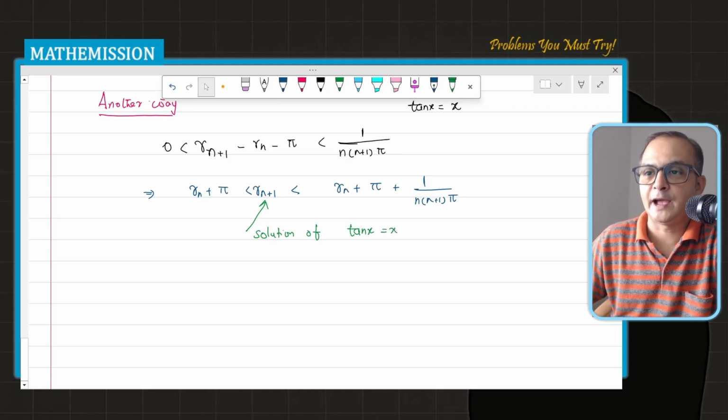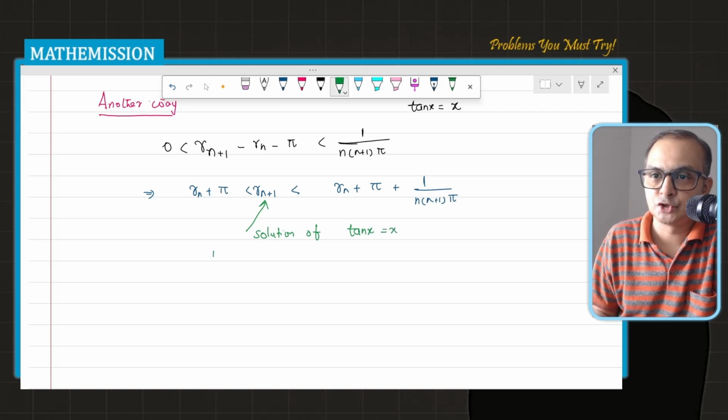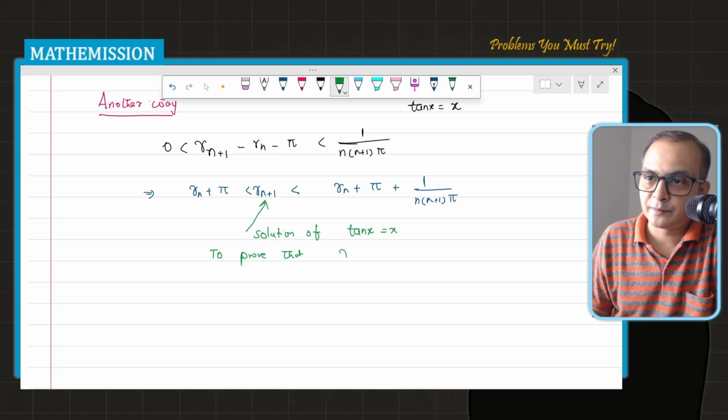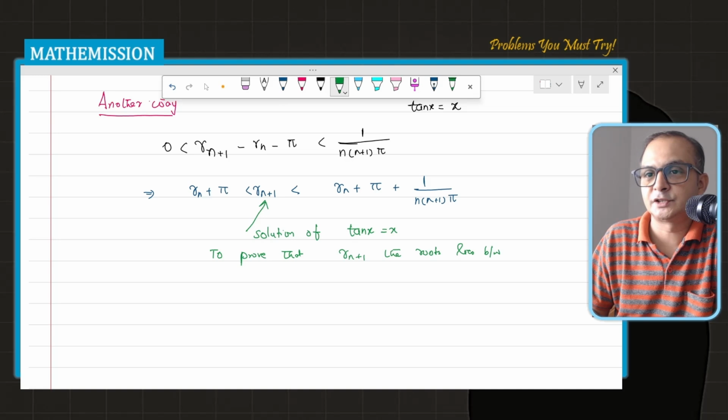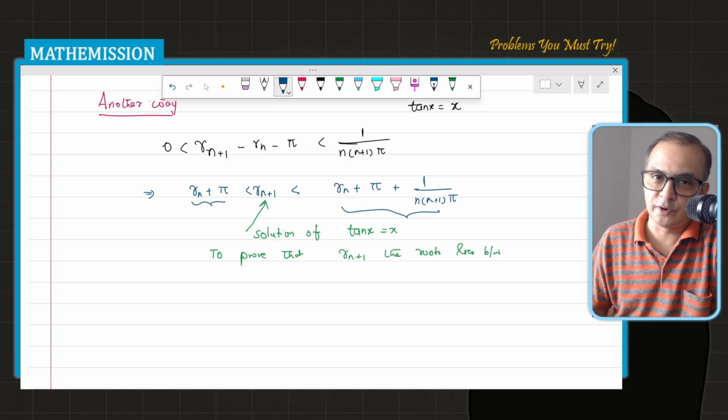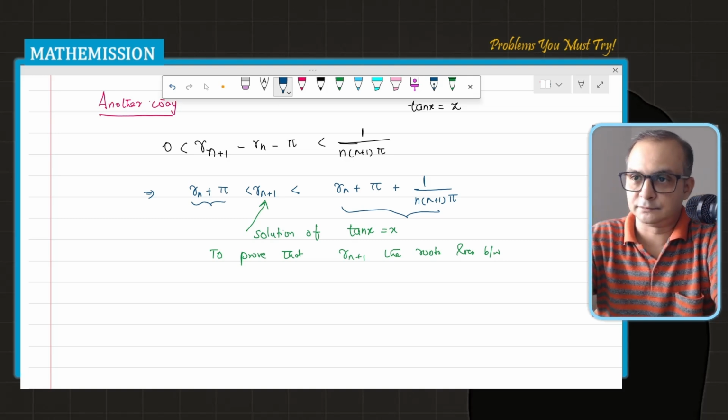It means now I have to establish this to prove that Rn plus 1, the root, lies between these two quantities, the ends, I mean this and this. If Rn plus 1, any root, is lying between two given quantities, what is the meaning of this?